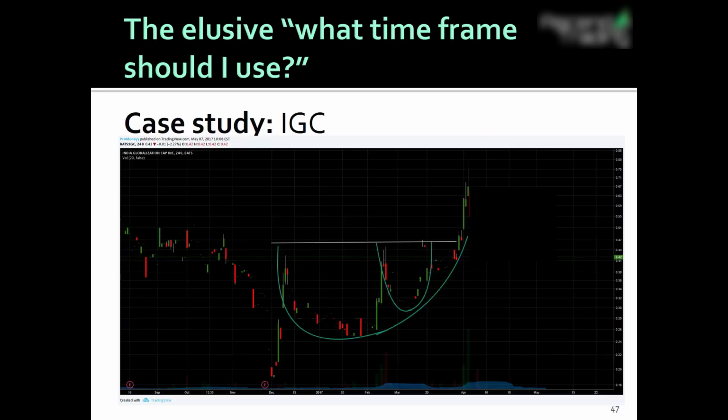So here's one case study for IGC. This was in early April, where I initiated the alert right around here, so around 50 cents.